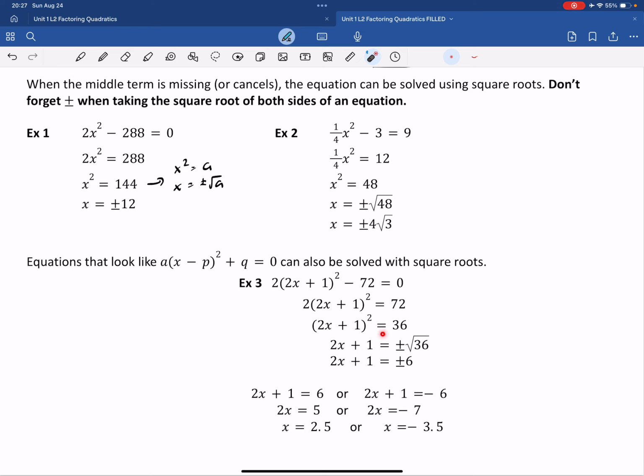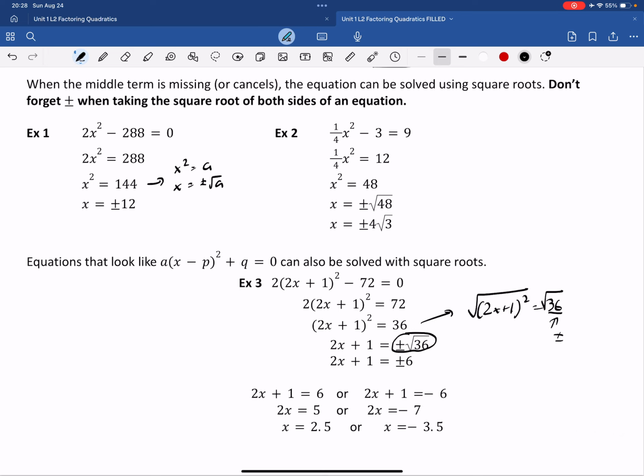The most important thing is remember this step. Once we write here that 2x plus 1 squared is equal to 36 and we square root both sides, it creates this. And if you're wondering, why are we putting the plus and minus on the 36?